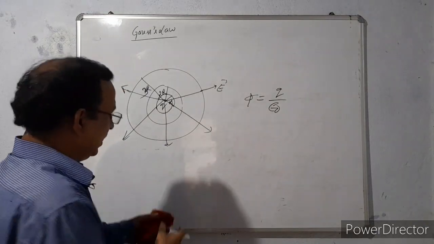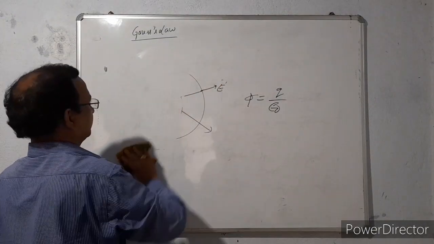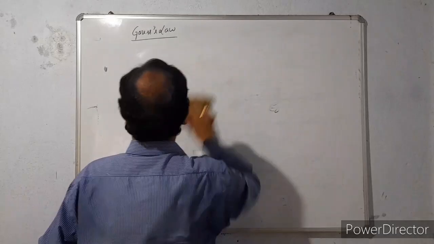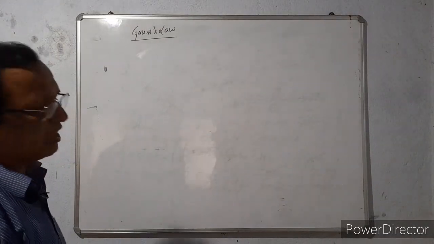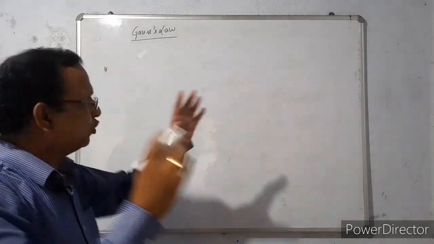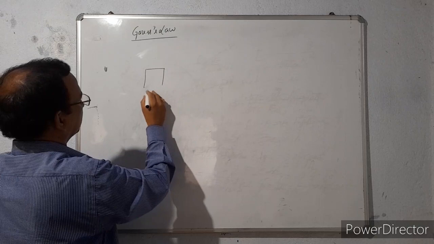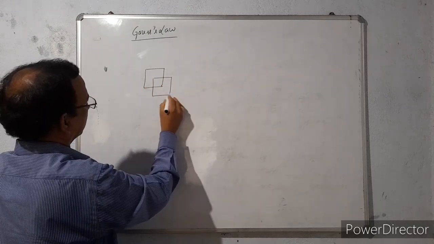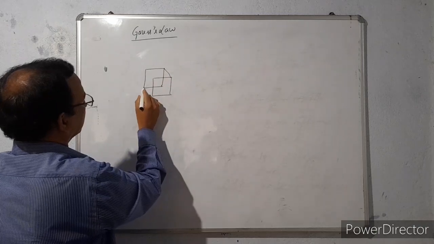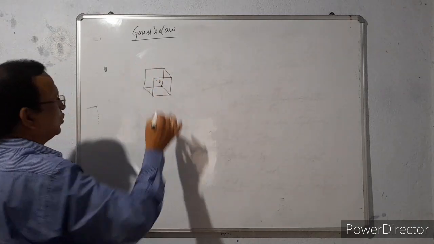Clear? In another case, let us consider a cube. Here a charge Q is there.